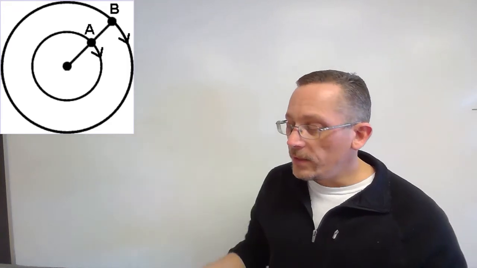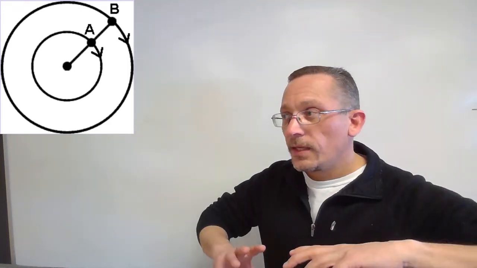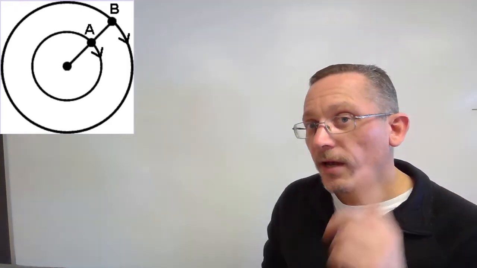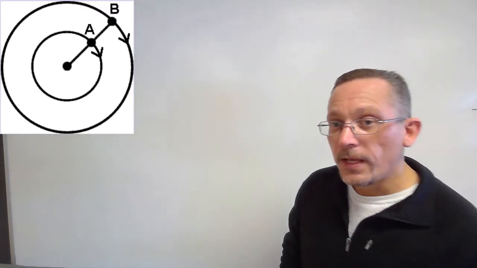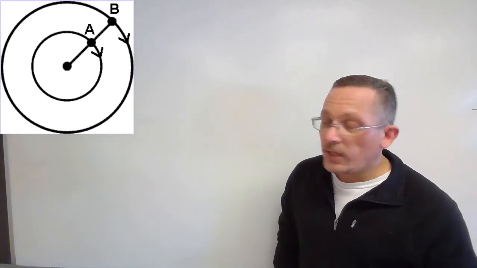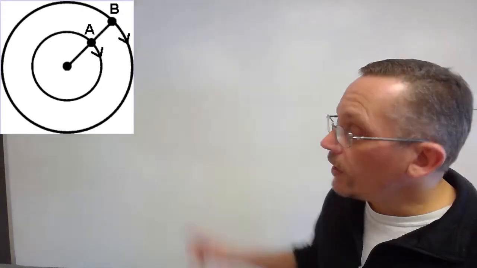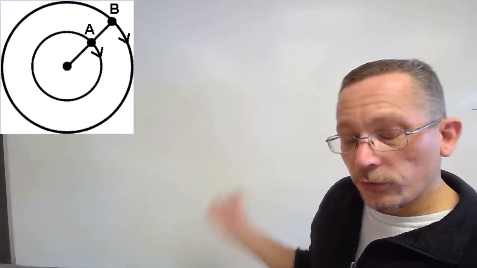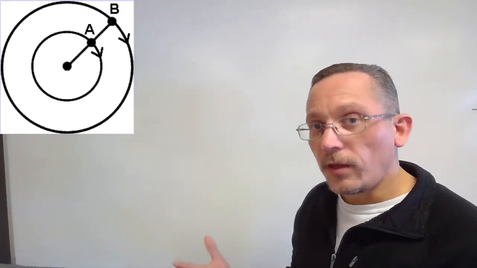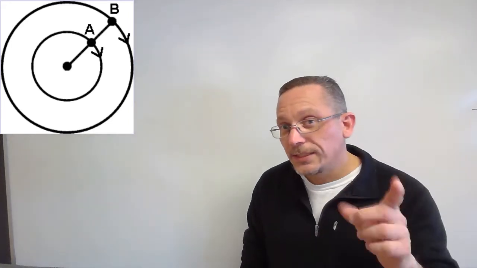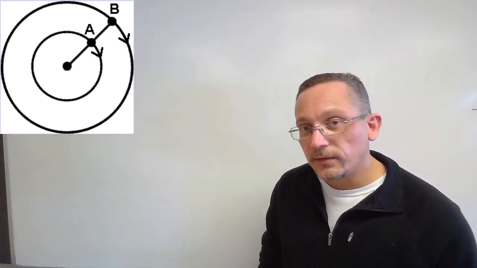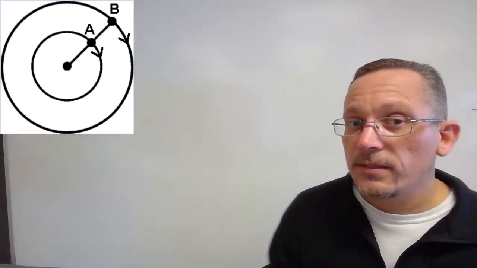So if they both made their circles in the same time, object B would have to be traveling faster, right? And so what's the difference between object A and object B? The radius of the circular path for object B is larger. And so the object's tangential velocity depends on the radius of its circular path.